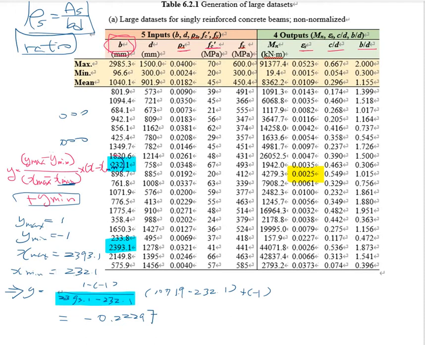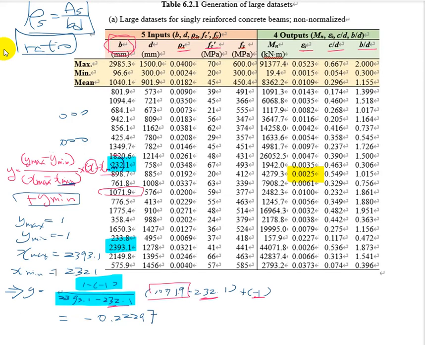The numerator is y max and y min, the normalized range, which is 1 and -1. So you have this, and here you put the data that you want to normalize. In this case, we take this one, put it as it is, and minus x minimum. The big data before normalization goes here, and here plus y minimum, -1.